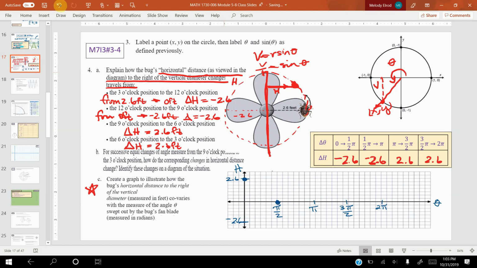Once I move around here to the 9 o'clock position, I am negative 2.6 feet from the vertical diameter. As I move around to the 6 o'clock position, I'm back on the vertical diameter. And then as I move back to the 3 o'clock position, in other words, I've made a full 2 pi rotation, I am again 2.6 feet from the vertical diameter.